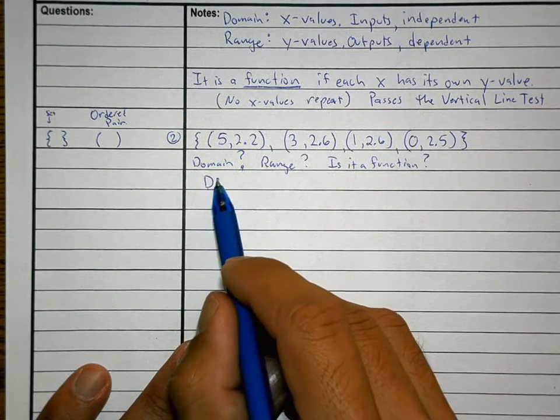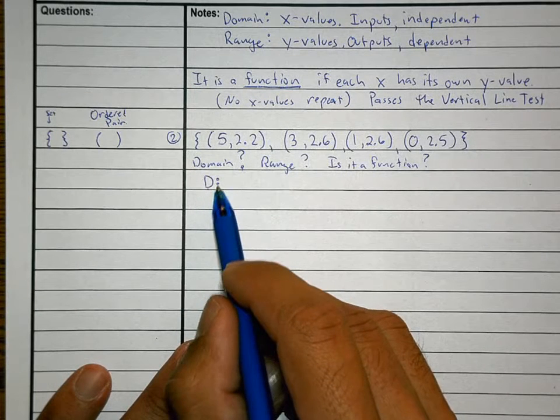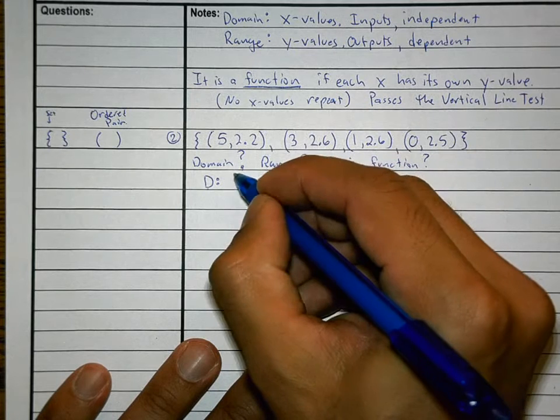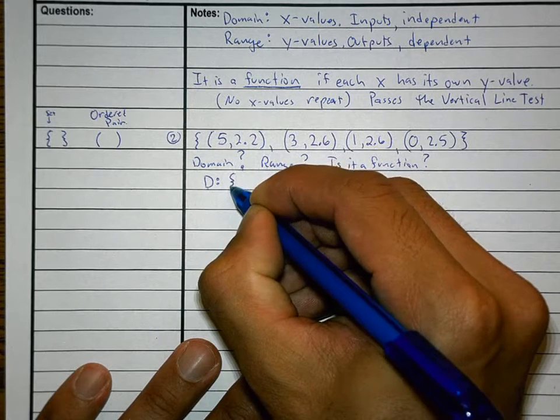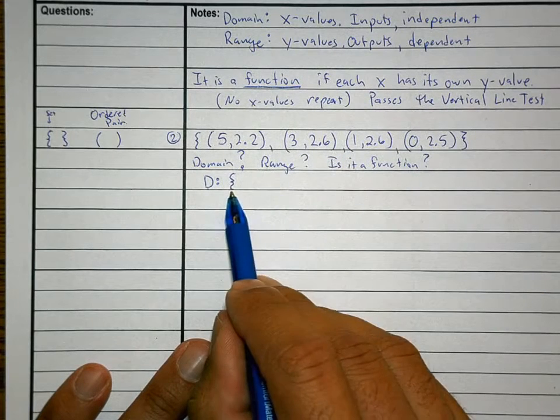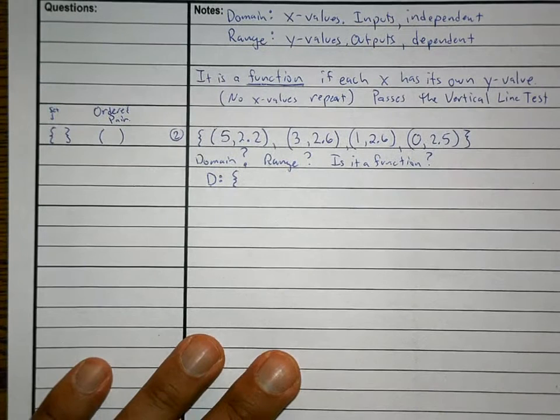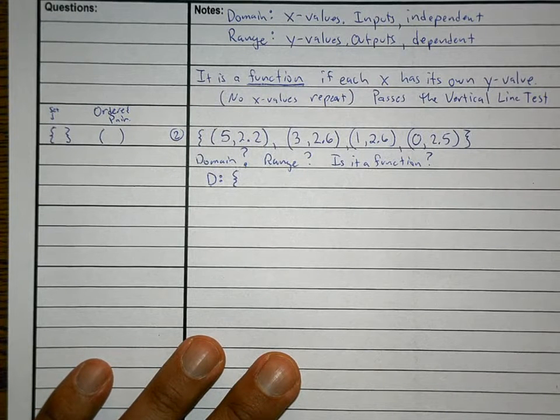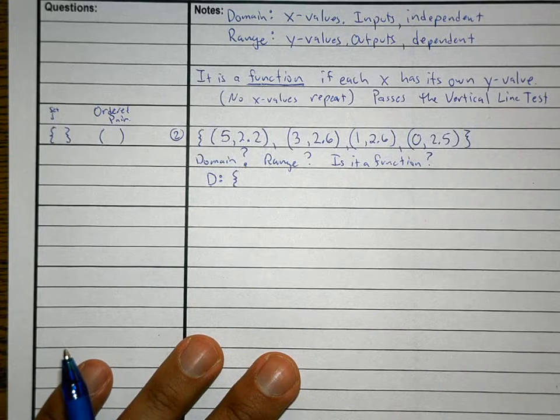The domain is made up of, and I want you to use a solution set bracket, a set of curly braces. Curly bracket is what they're called, and braces is what they're also called. Do you know what your domain is?